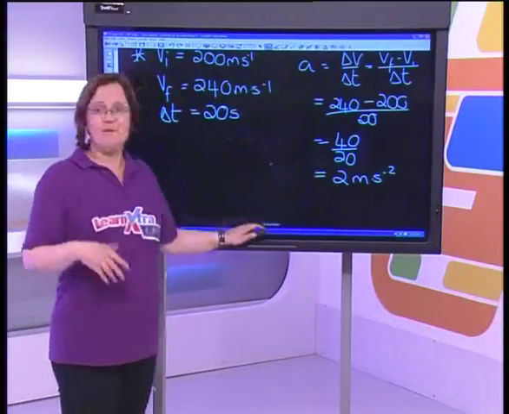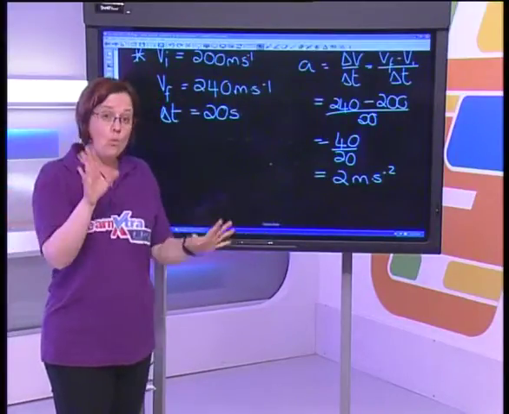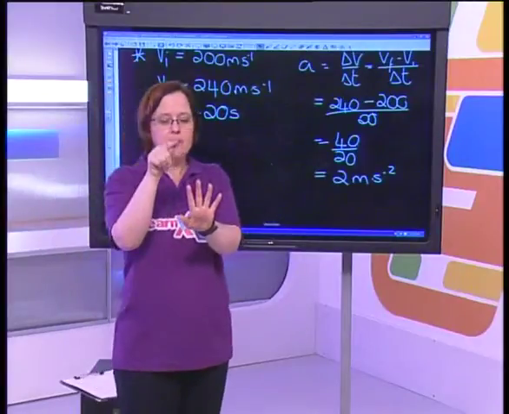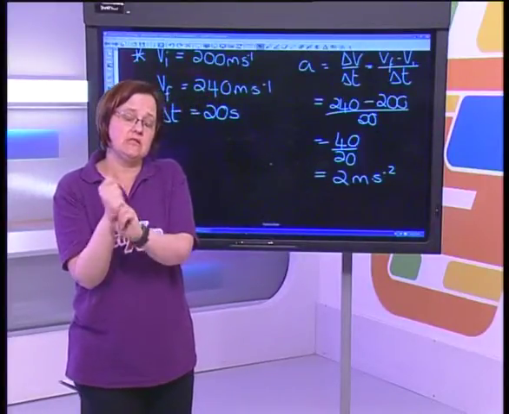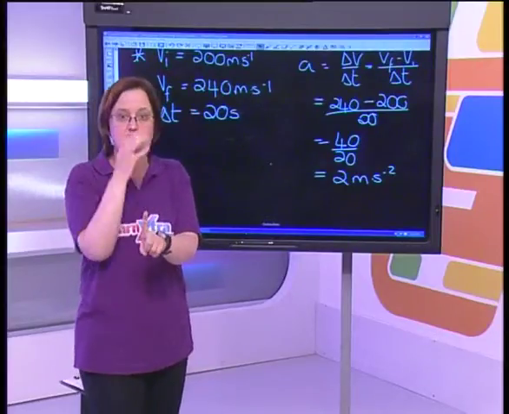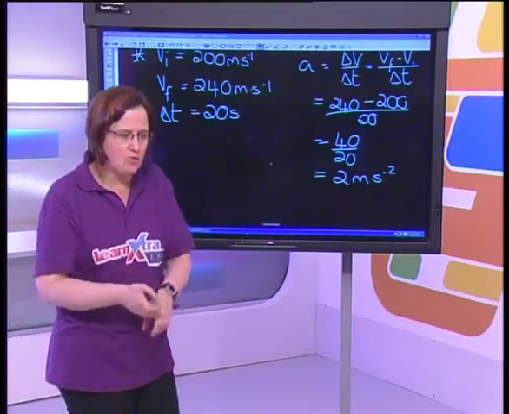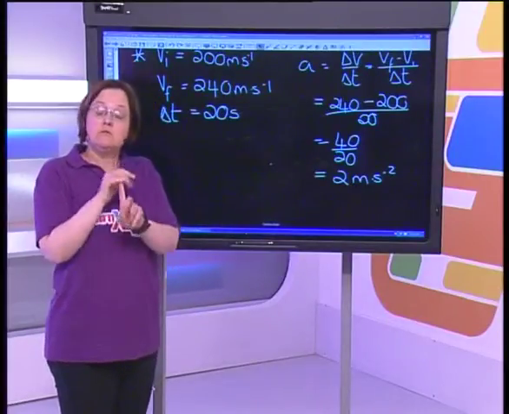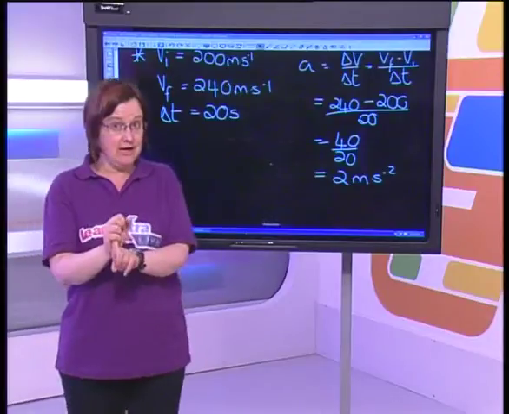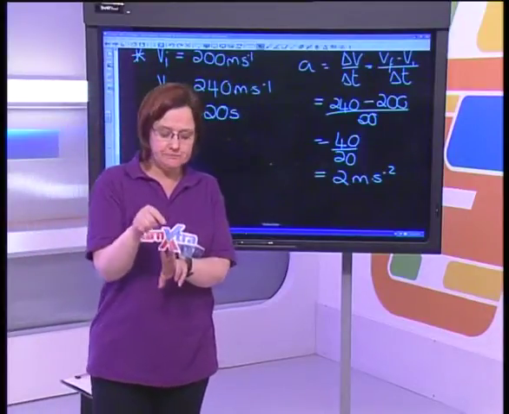So, before we end off, what do you need to remember from today? Speed is a scalar. Speed is independent of the displacement, doesn't matter about the direction. With speed, I'm completely concerned with the actual physical distance traveled. Change in distance over change in time, measured in meters per second.